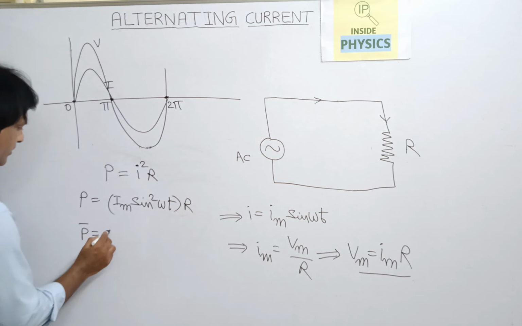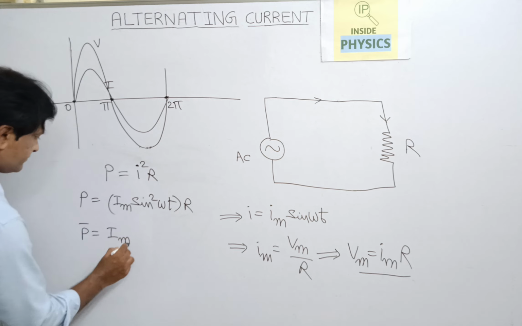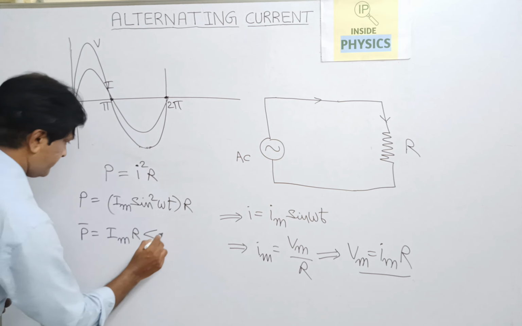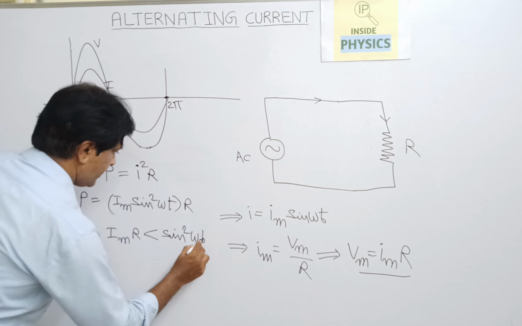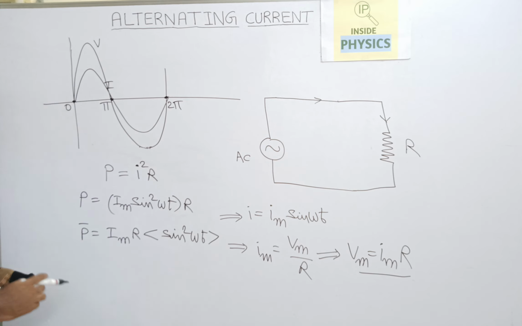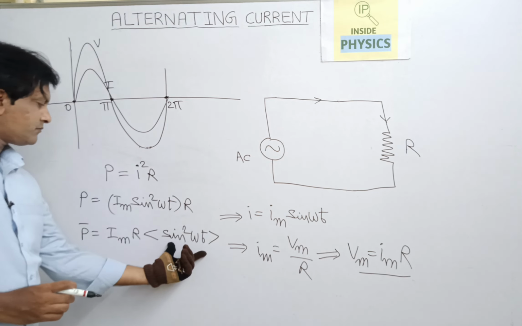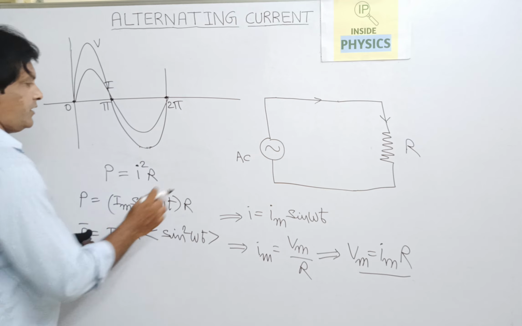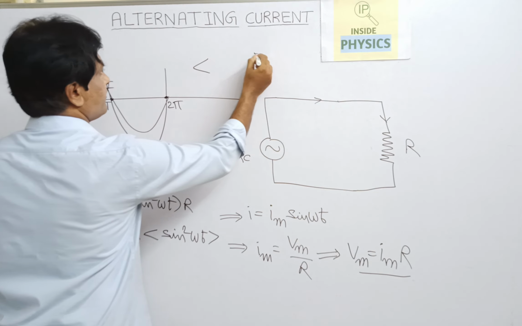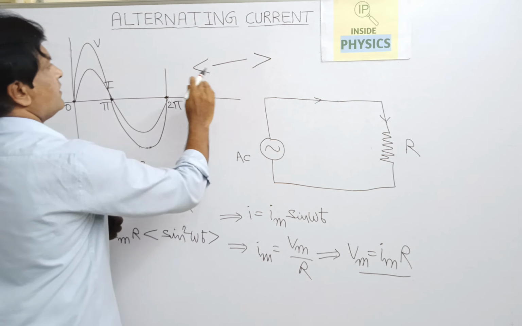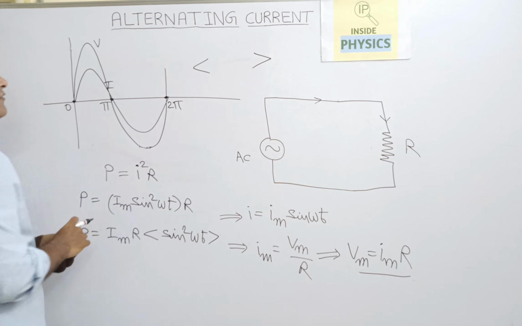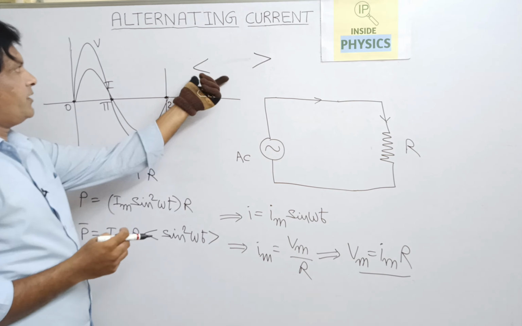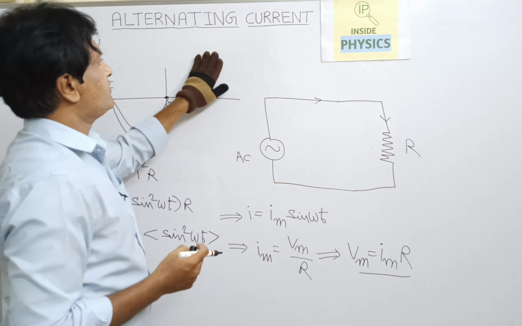Im and R are constants here, and we need to take the average of the value sine squared omega t, this is the symbol we give for the average value.